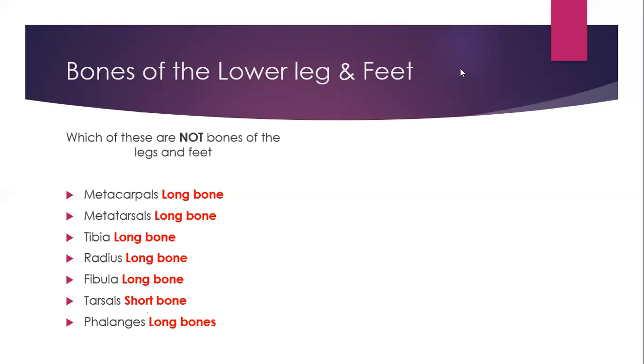So does that mean, do we all think that all of these bones belong in the lower legs and the feet? Is that correct? Give me a yes or no in the chat.